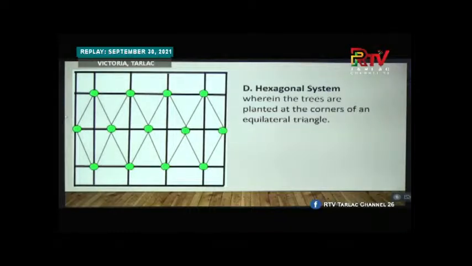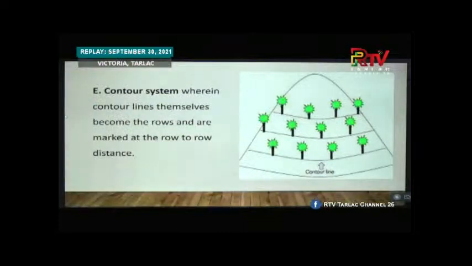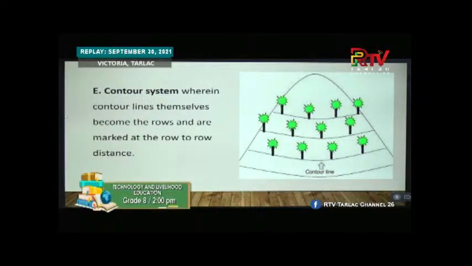The last row planting is the contour system, wherein contour lines themselves become the rows and mark the row-to-row distance. Those are the different row planting arrangements.